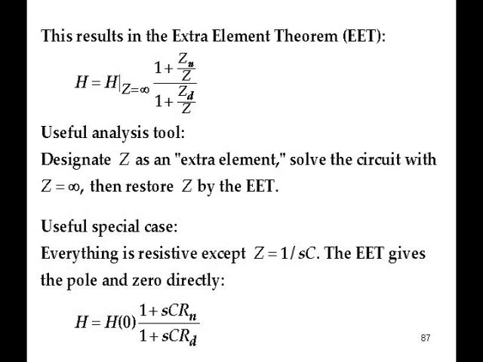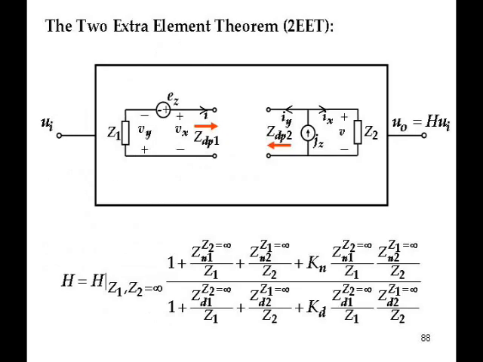So that's the single extra element theorem. This can be extended to the two extra element theorem. Choose two injecting signals at two different elements, Z1 and Z2, not necessarily related, different parts of the same circuit.